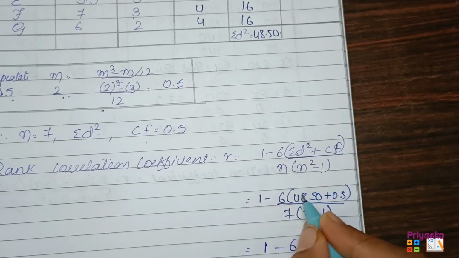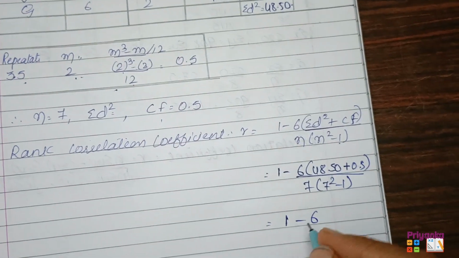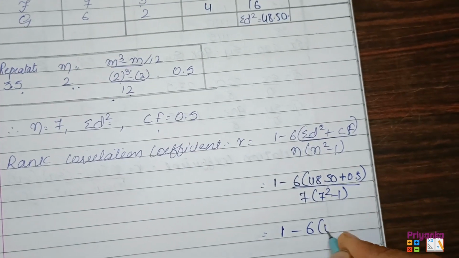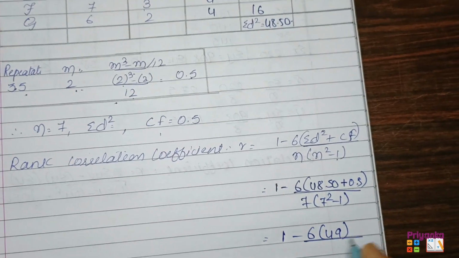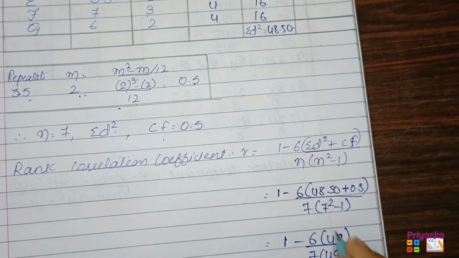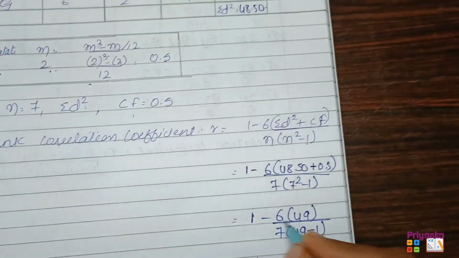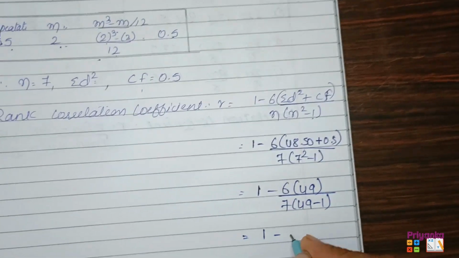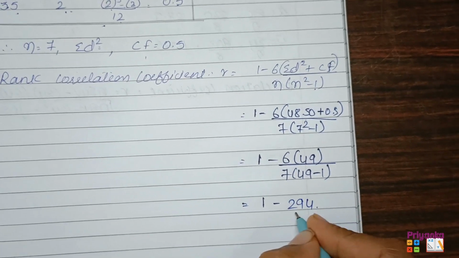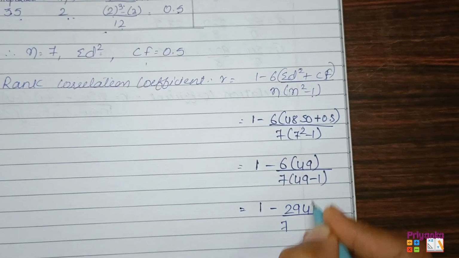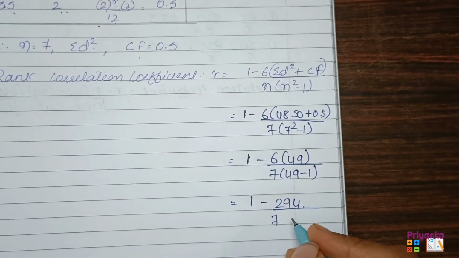First add this amount, we get 49 upon 7, that is 7 into 7 square minus 1. 1 minus 6 into 49 will get 294 upon 7. 49 minus 1, that is 48.